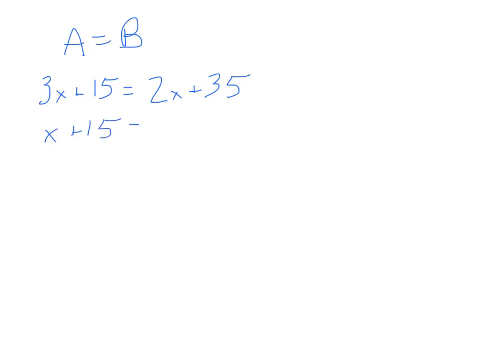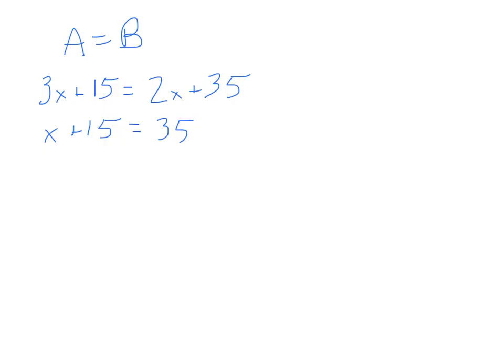If they are vertical angles, what we're going to do is do angle A equals angle B. So we get 3x plus 15 equals 2x plus 35. Alright, so we're going to subtract the smaller x, and so we get x plus 15 equals 35.